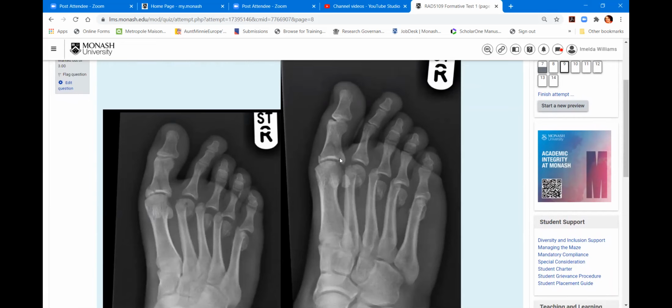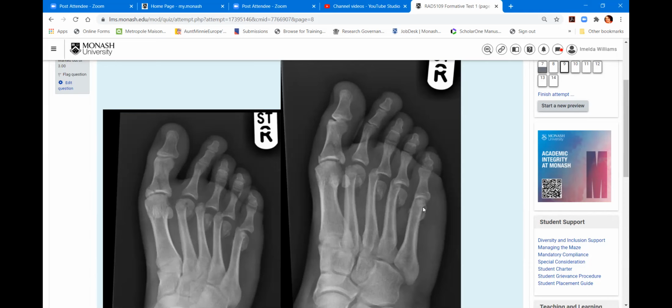It's also intra-articular, of the base of the proximal phalanx of the big toe. And then when we look at our metatarsals, we can see that there are fracture dislocations of the metatarsal heads of the second till the fourth metatarsals.